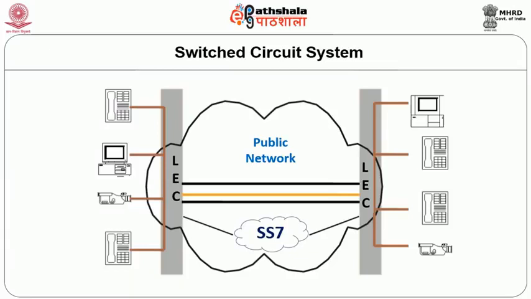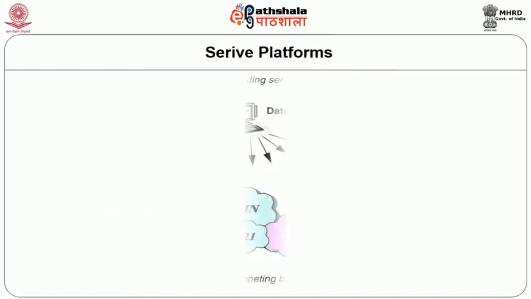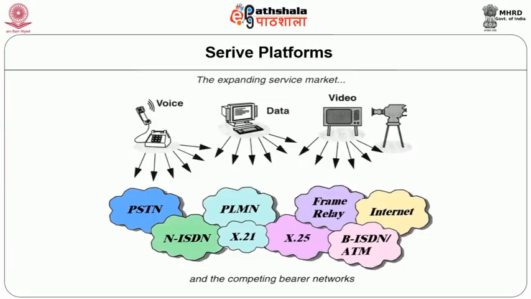That's why it is called a switched circuit system. Using this mechanism, we can transfer voice signals, data, as well as video signals. The difference is that voice signals may not take much bandwidth, and data also may not, but video conferencing kinds of applications may require more bandwidth.